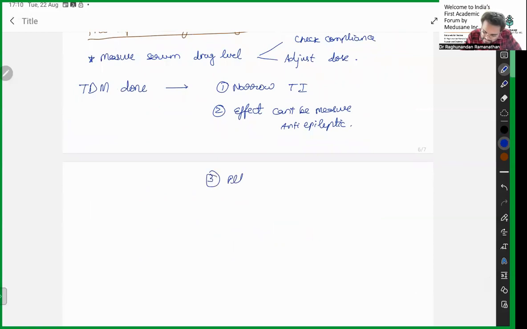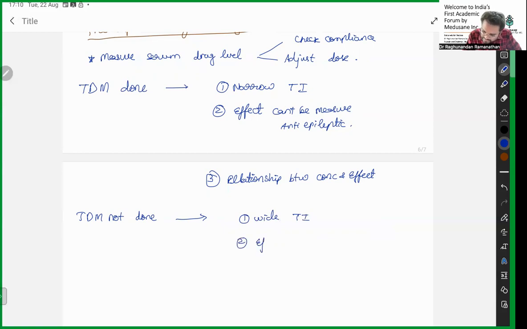Number 3, there is a relationship between concentration and effect. Where TDM is not done: first, where there is a wide therapeutic index.